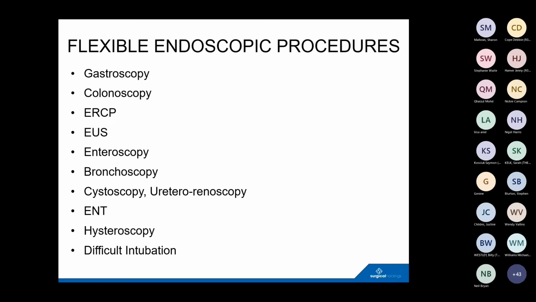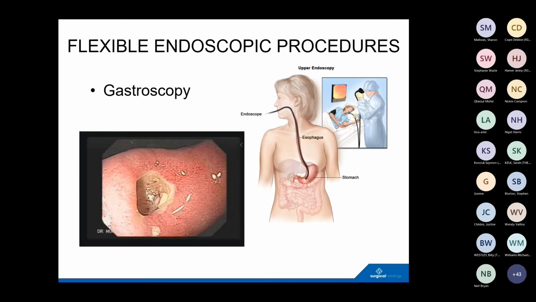Some people may not have heard too much about that. It's actually small bowel endoscopy. And then the bottom 5, bronchoscopy, cystoscopy, ENT, hysteroscopy, and procedures for difficult intubation by anaesthetists, are all smaller instruments. So let's have a look at some of those.